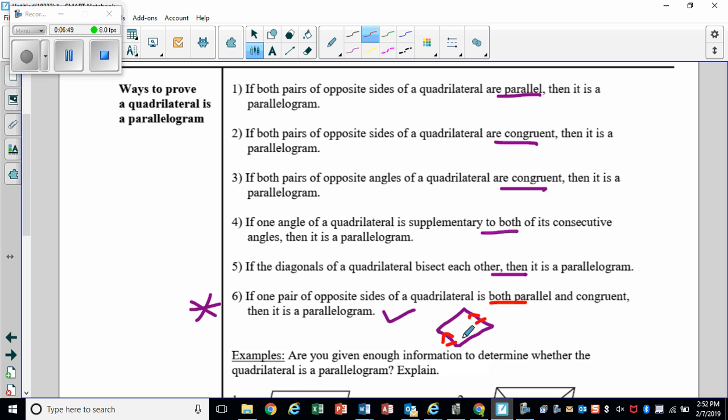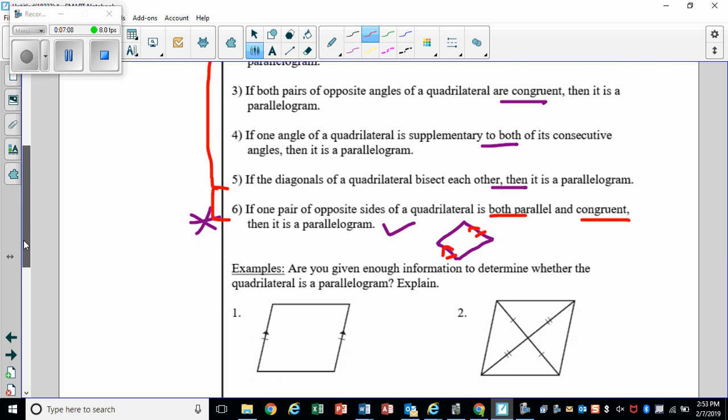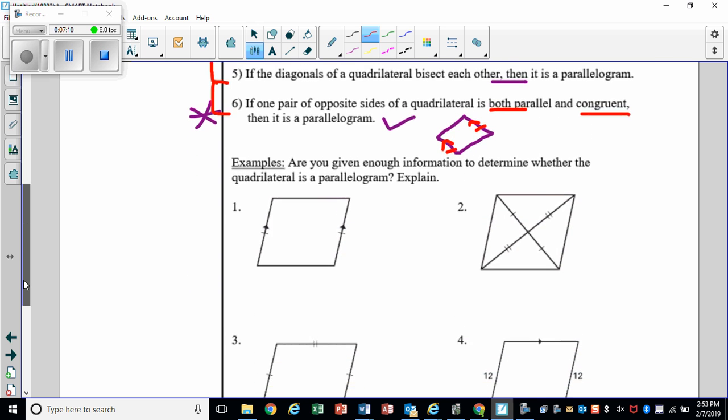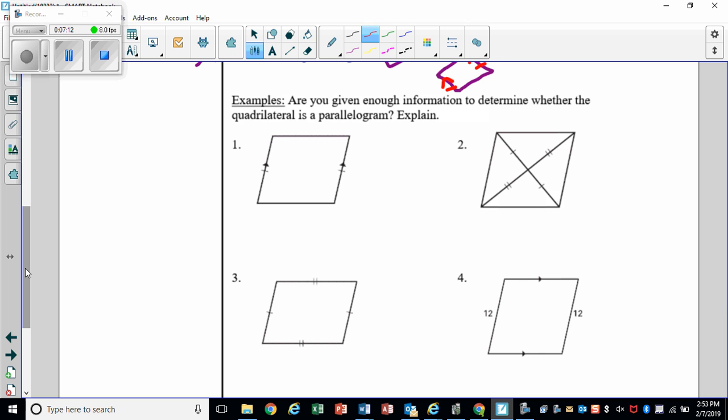Parallel, which the arrow represents, and congruent, then this can be classified as a parallelogram. So make sure you memorize the 5 properties, but we have one more additional to prove whether a quadrilateral is a parallelogram or not. So these are some of the examples of how we can see.